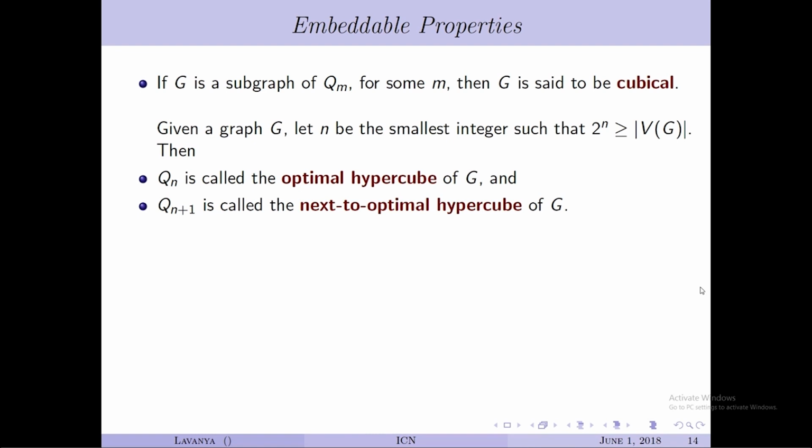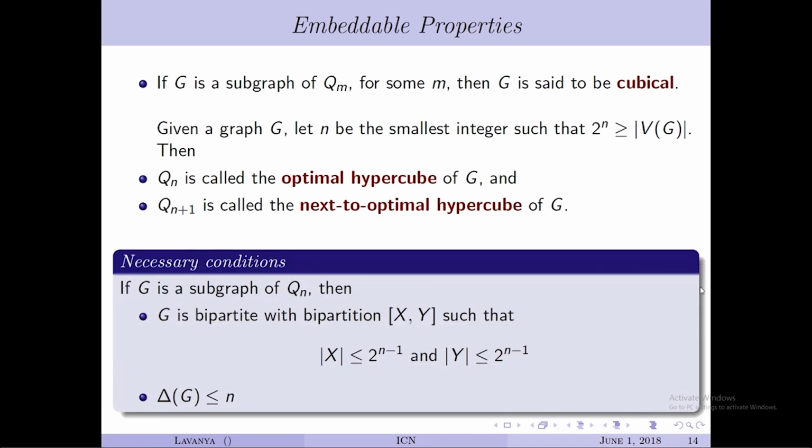I want to see whether G is sitting as a subgraph in Qn or not, and if it is not in Qn, can I leverage myself, go to a higher dimension, 1 dimension more, and check whether it is sitting there as a subgraph. These kinds of questions were interesting to answer and look for.